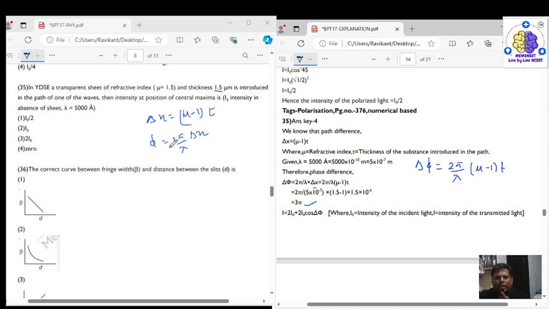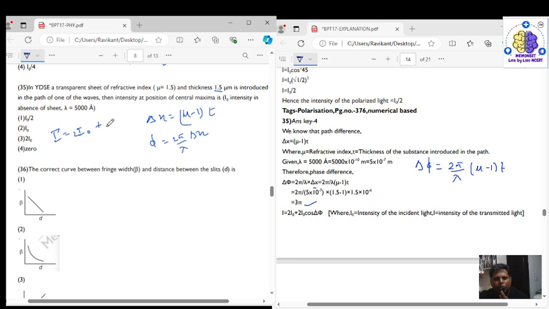Now the resultant intensity I, because the intensity of each wave is I naught, so I will be equal to 2 times I naught, that is I1 plus I2 plus 2 times root of I1 I2 cos phi.